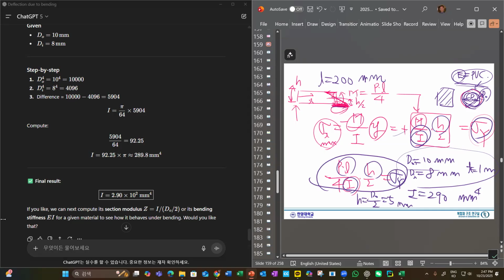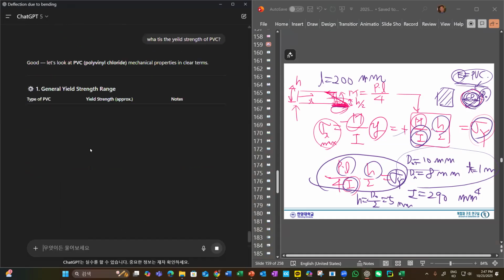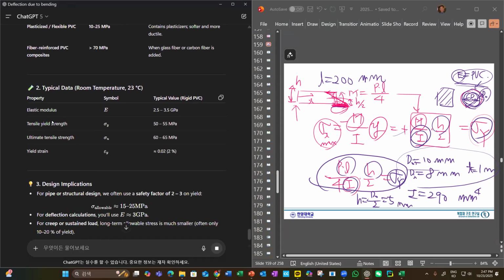Here the stress will be independent of the material, but there will be the yield strength. See here, it gives a Young's modulus of 2.3, 2.5 and 3.5 gigapascal, and the tensile yield strength.